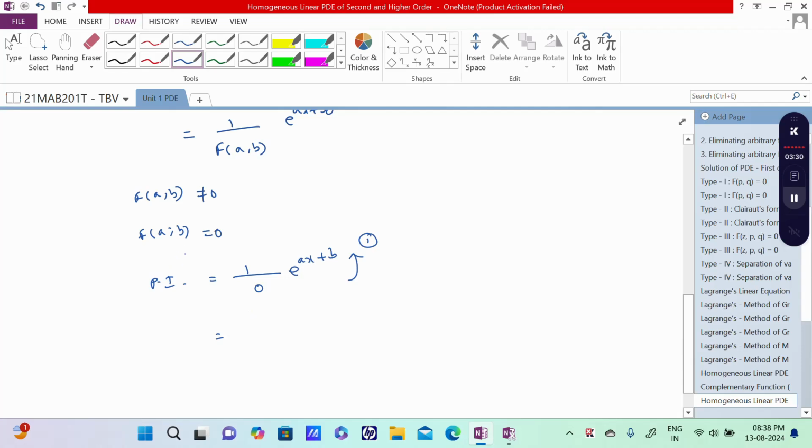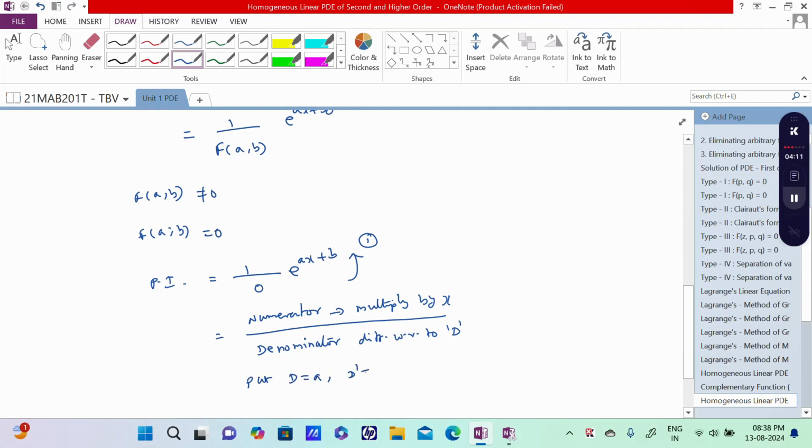Therefore when f of a comma b is 0, then multiply the numerator by x, and the denominator, differentiate with respect to D, then replace D equal to a, D dash equal to b.